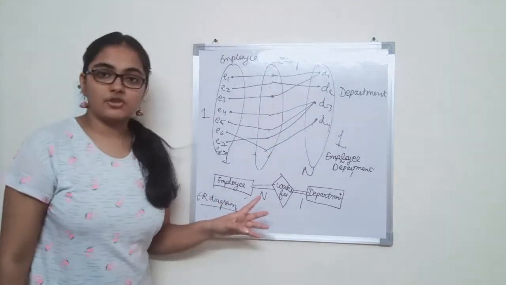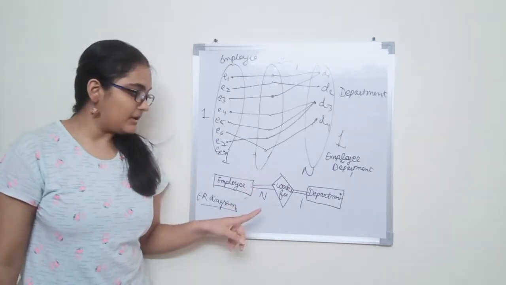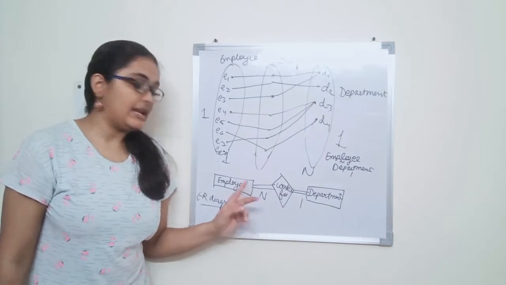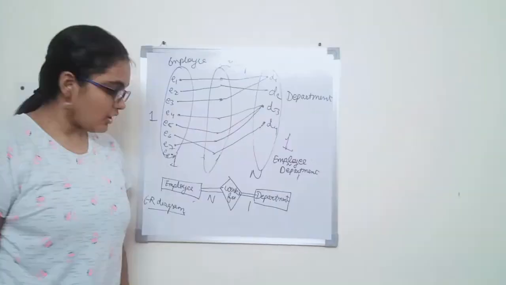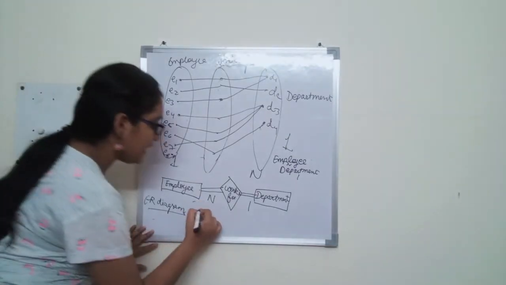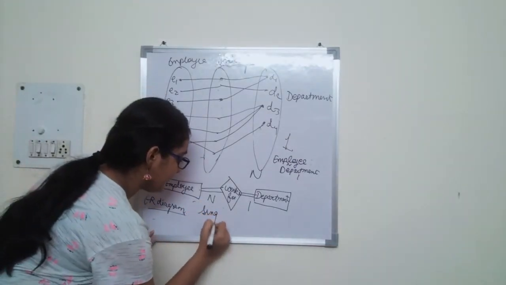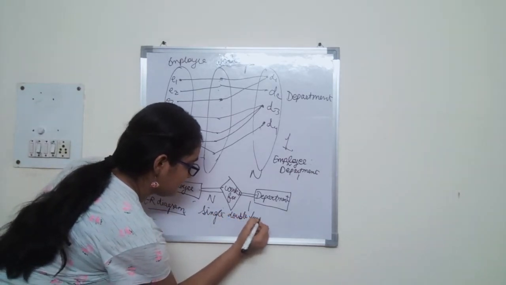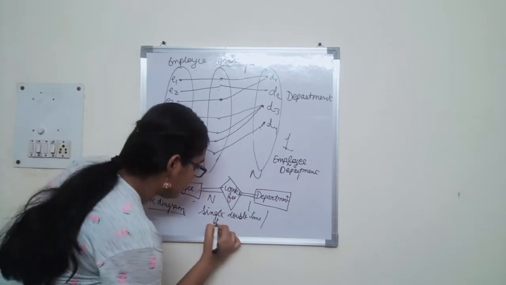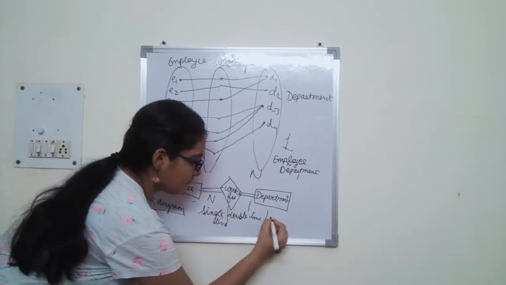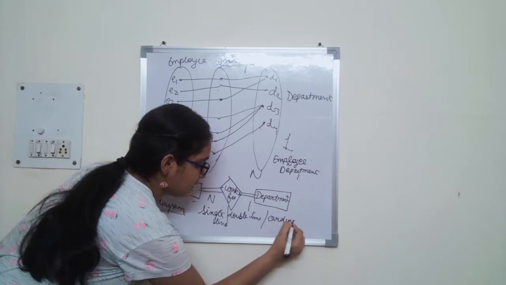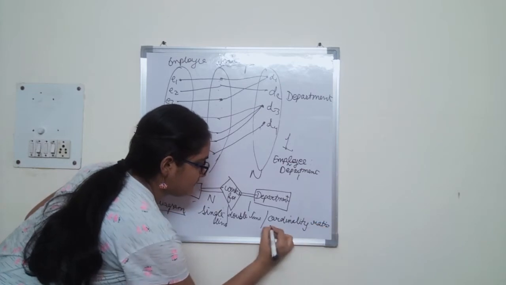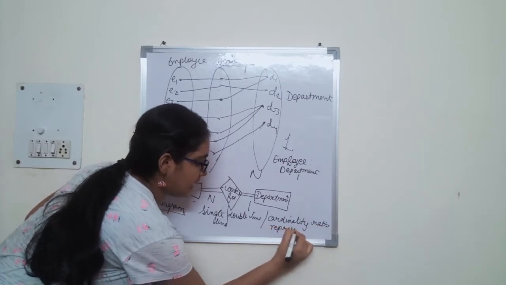And this is called the single line, double line, or cardinality ratio representation of the ER diagram, right?